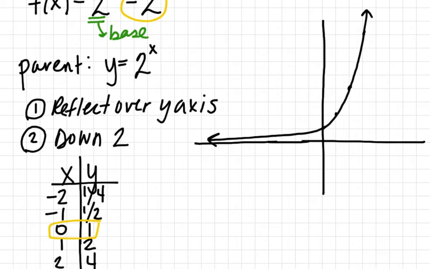So now we're going to take all of these points and we're going to reflect them over the y-axis. So step 1 I will do in green. If you reflect over the y-axis, the y-intercept does not change, but everybody else is just jumping directly across the y-axis for the reflection.